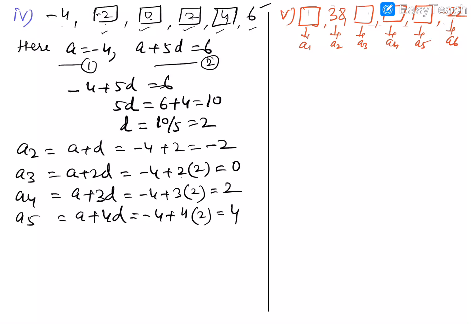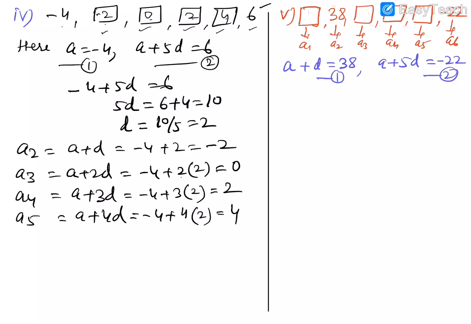In fifth part, second term and sixth term are given, that is a plus d is 38 and a plus 5d is -22. This is a pair of linear equations in two variables a and d, which is to be solved.